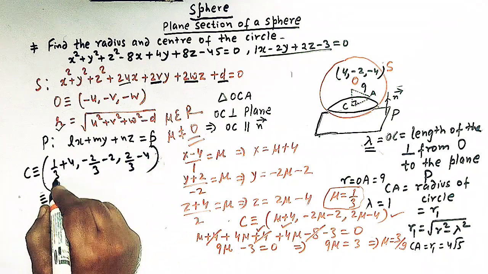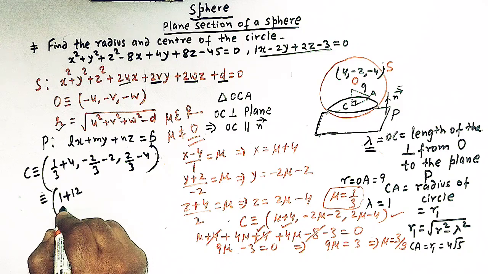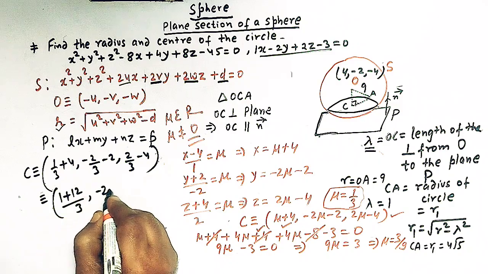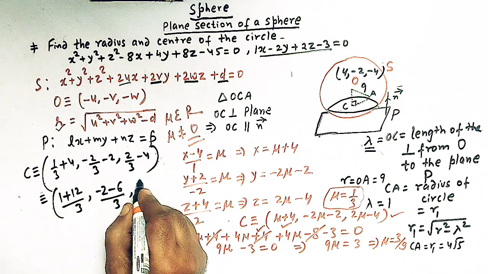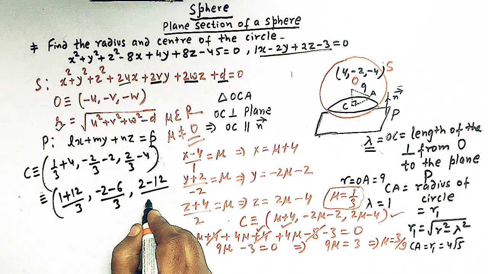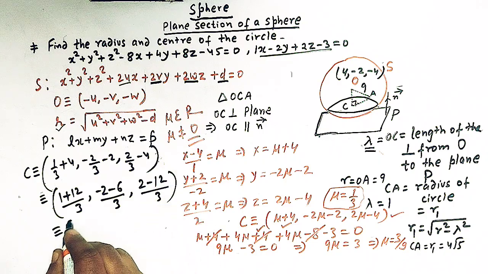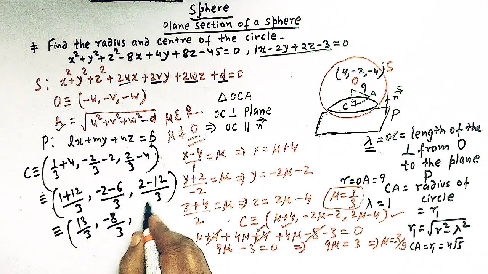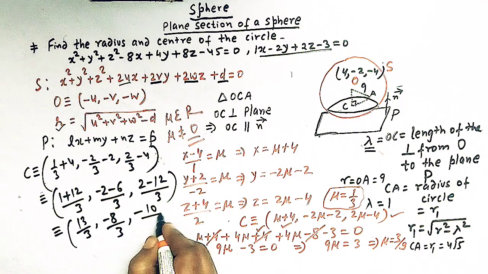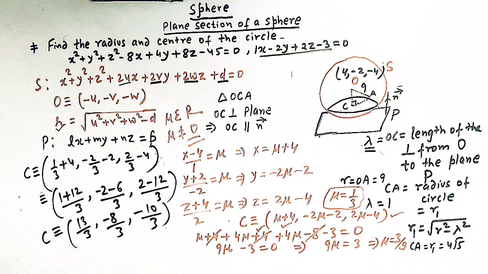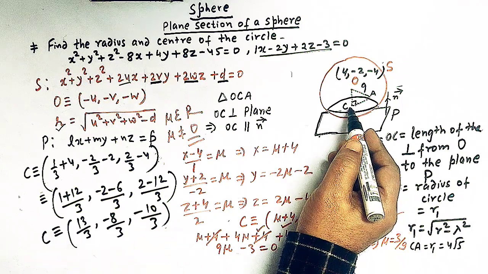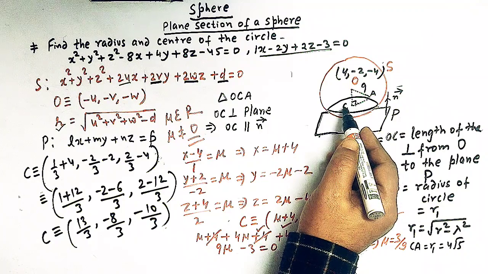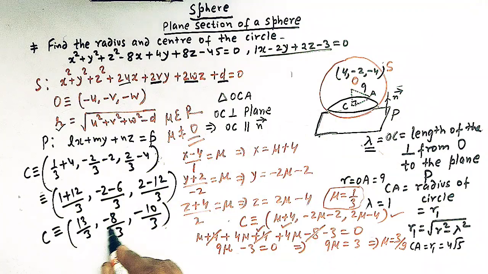So this is (1 plus 12) over 3, this is (minus 2 minus 6) over 3, this is (2 minus 12) over 3. And this is 13 over 3, this is minus 8 over 3, and this is minus 10 over 3. Right? So viewers, the coordinates of the center of the circle, that is C, is given by 13 over 3, comma, minus 8 over 3, comma, minus 10 over 3.